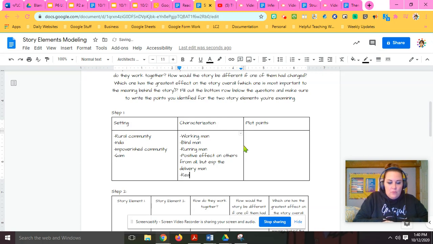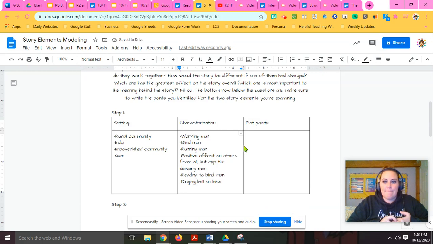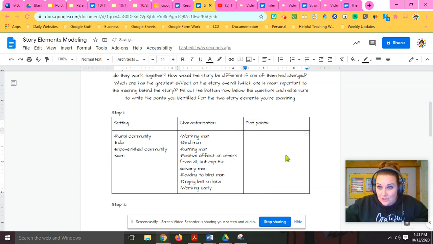Actions: reading to a blind man, ringing the bell on the bike, working early. And then we have effects on others, actions, and looks. We already got that with the man, right? Okay, perfect. See, even English teachers forget sometimes.